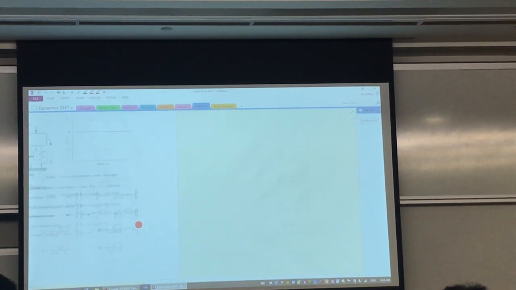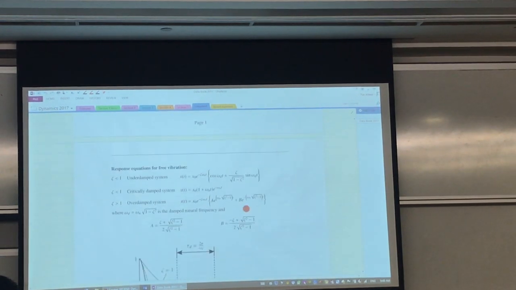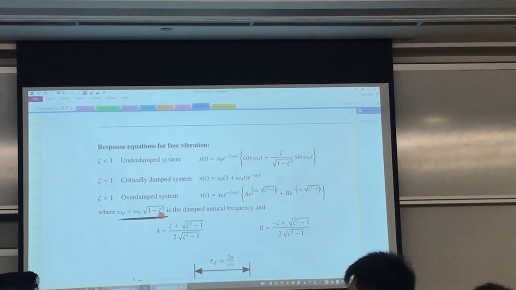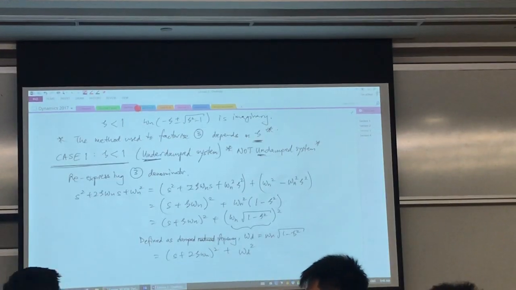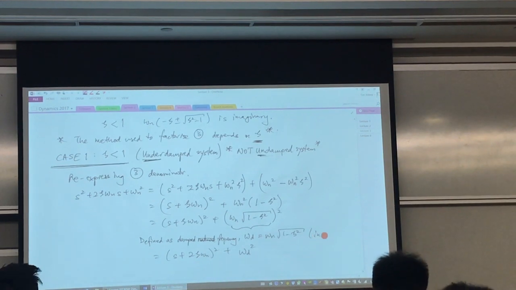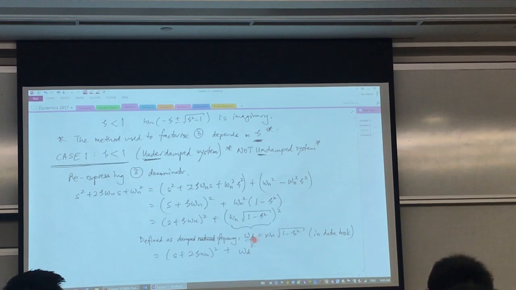It's right at the front, the s plus 2 zeta one. You can find it over here. Omega d is equal to omega n square root 1 minus zeta squared. You follow me.